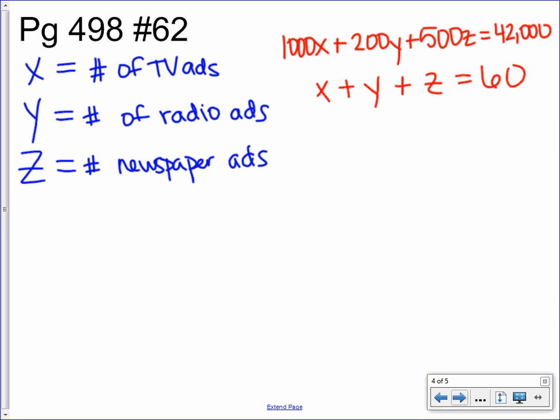That could be Y plus Z equals X. Newspaper and radio combined needs to be the number of TV ads.